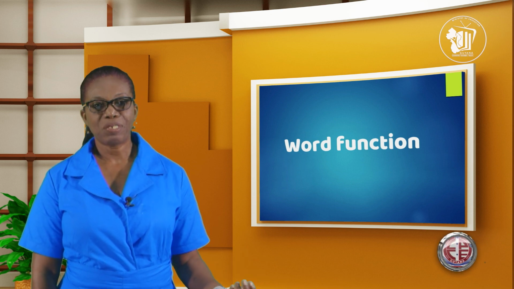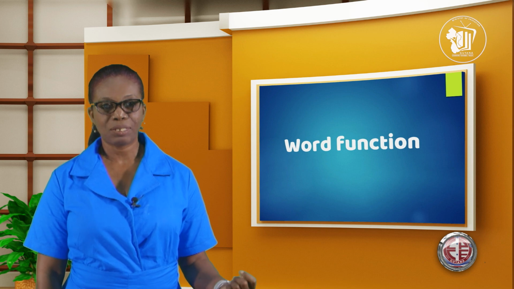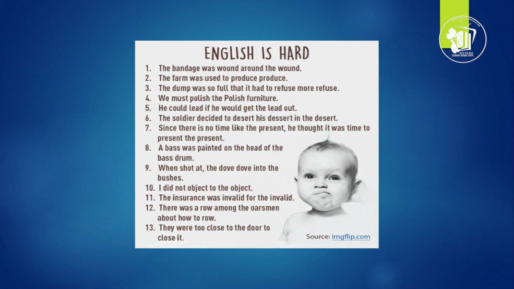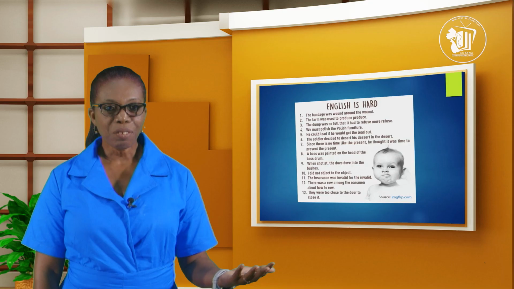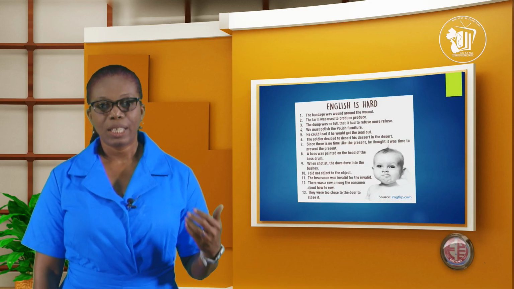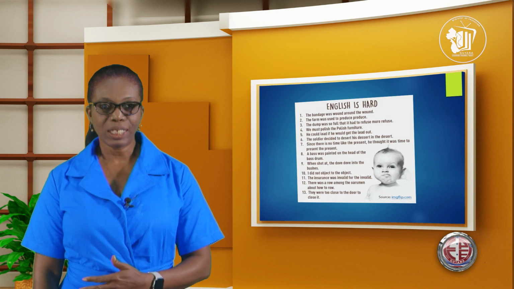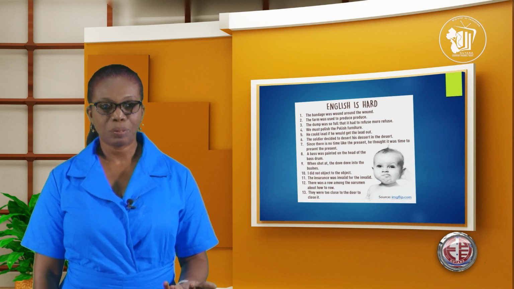Now, many of us think that English is very hard. And if we look at the picture that we have there, we can see that words have different changes in meaning. For example, let's look at "The badge was wound around the womb." We have the word wound, and it's used to function differently both times.